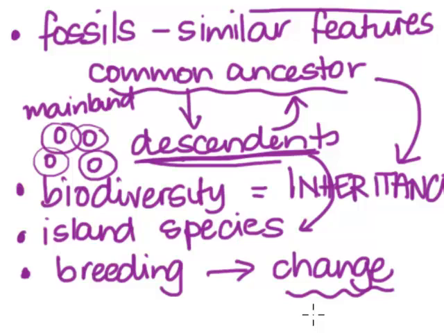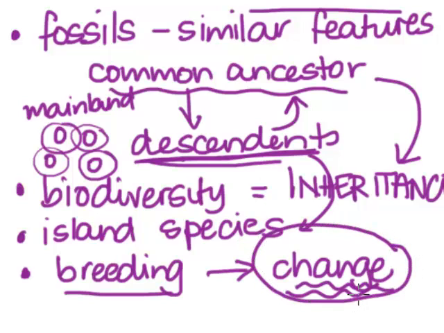He noticed how wild pigeons exist and how pigeons in captivity could be bred to, for example, have fantails or pouting breasts. And these changes that he observed in breeding programs, he related back to natural populations. And he suggested that if change could be made to happen, forced to happen in breeding programs, why could these changes not occur naturally as well?